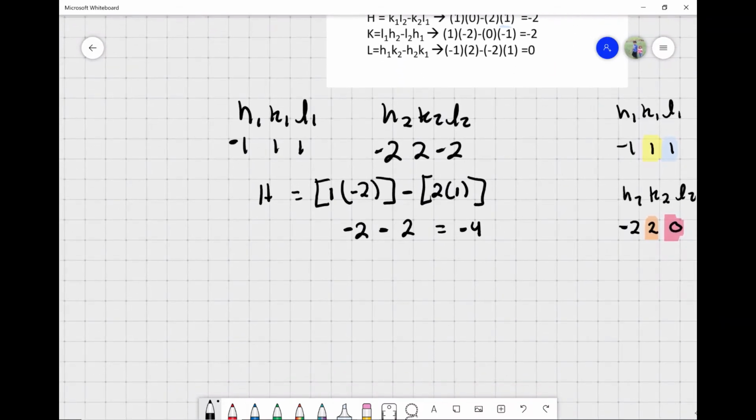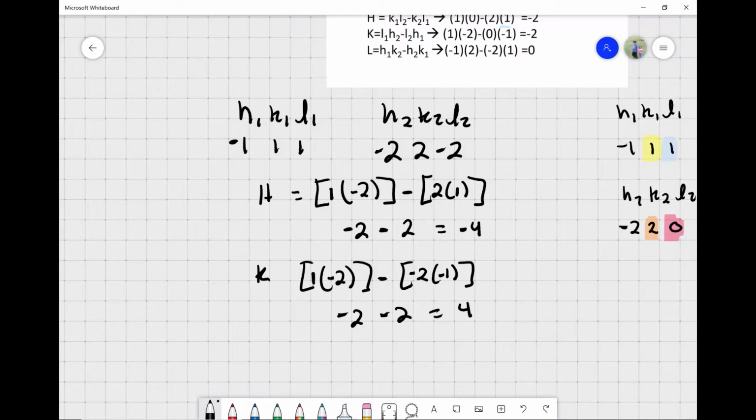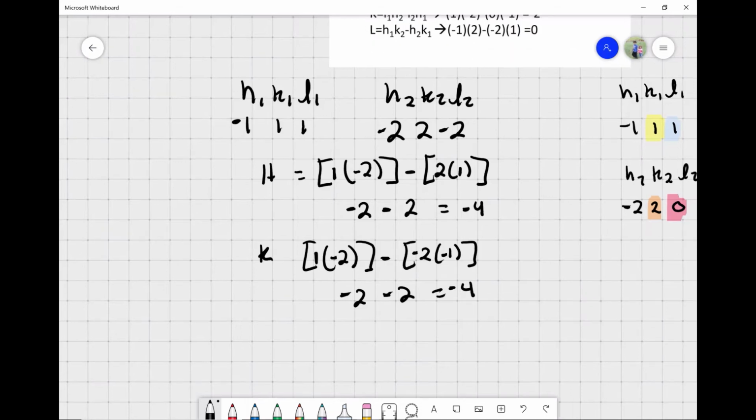All right, so let's go to K. And K is L1, H2. So L1 is 1. H2 is negative 2, minus L2, H1. So L2 is negative 2. H1 is negative 1. And so this ends up being negative 2, again minus 2, and this equals, actually, minus 4.